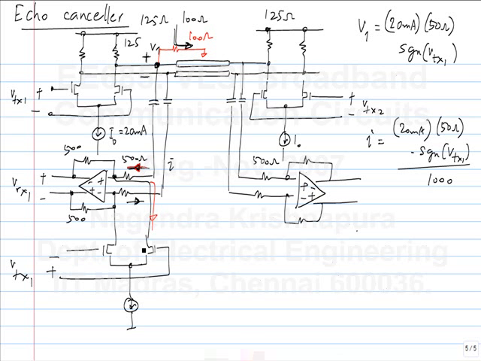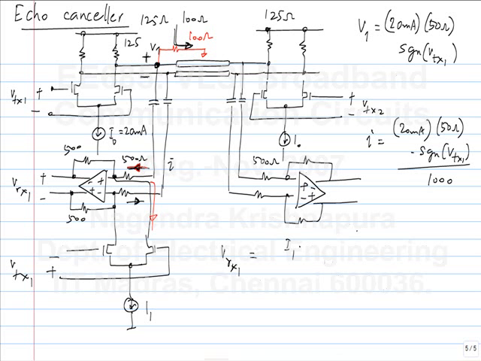And how much is the current that I want to put there? Basically, the output that comes out just because of the lower pair, if you ignore the top one, is what? The differential voltage VRX1 because of the bottom echo canceller. Let's say this is I1.